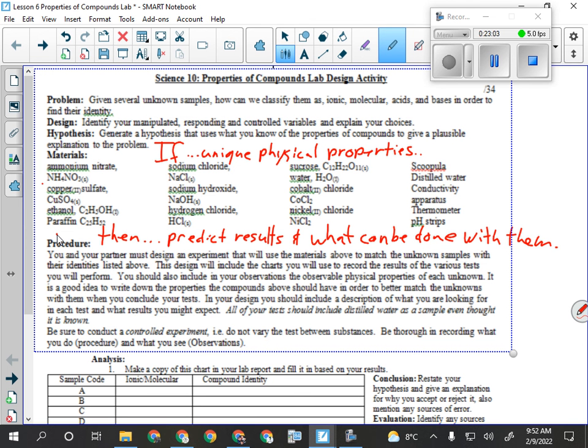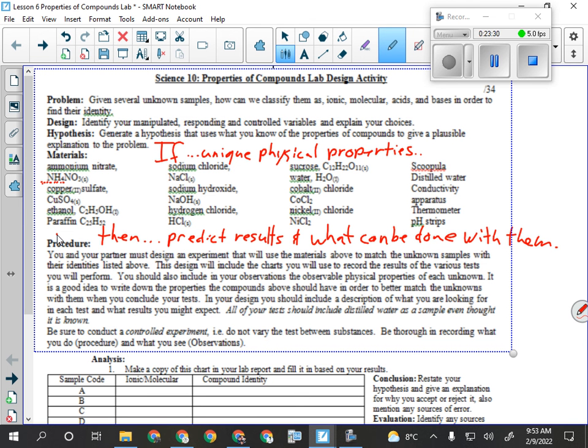Ammonium nitrate, NH4NO3. Is that ionic or molecular? It's ionic. They're two polyatomic ions. It's a tricky one because it starts with N, a non-metal. But this is that one polyatomic ion that's positively charged, ammonium, and it's with another polyatomic ion, nitrate.